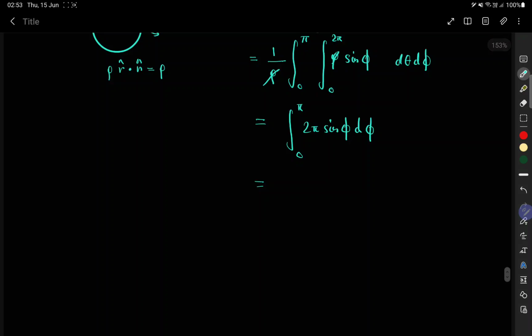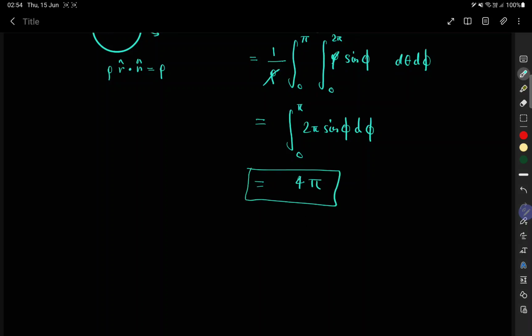Cos pi is negative 1, and cos 0 is 1. So negative 1 minus 1 gives you negative 2, but it's multiplied by negative 1 again. So you basically get a total of 4 pi.